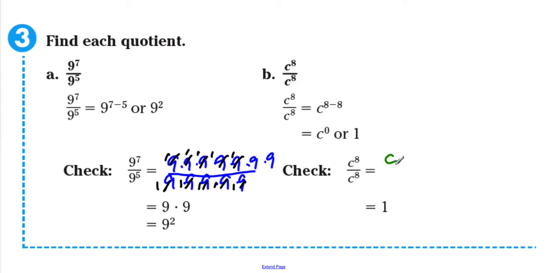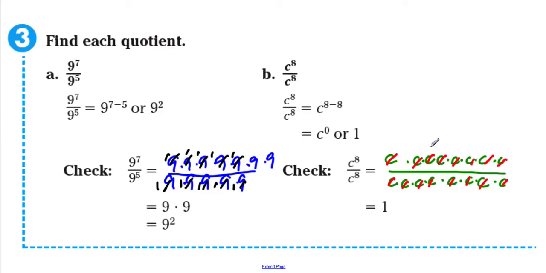Since I explained number 9: c times c times c times c, c times c times c, 8 of them, all over c times c times c times c, c times c times c, 8 of them. And if you notice, they all cancel out each other. Okay? And since they're all ones, you have 1 over 1, or simply 1.